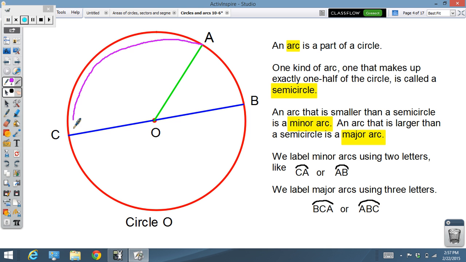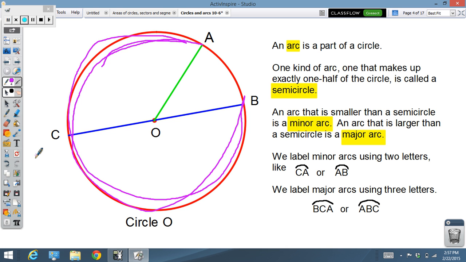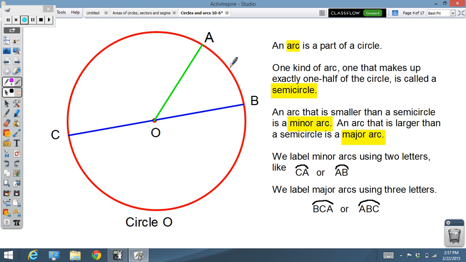So the arc that goes from A through C all the way out to B, that is called a major arc. Now we label them differently. For a minor arc, I can use two letters. CA is the minor arc that goes from C to A. AB is the minor arc that goes from A to B. Okay, two letters are good enough. But when we get to major arcs, we need to tell the difference between them.